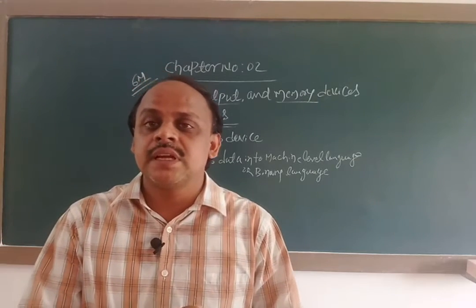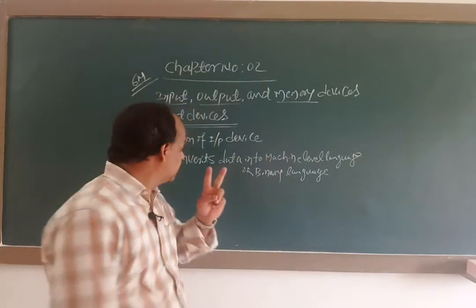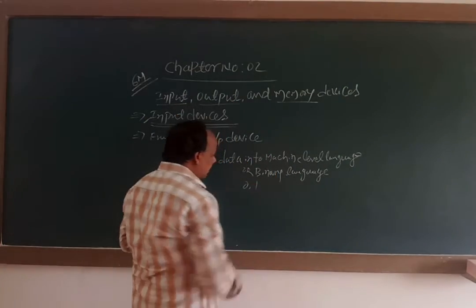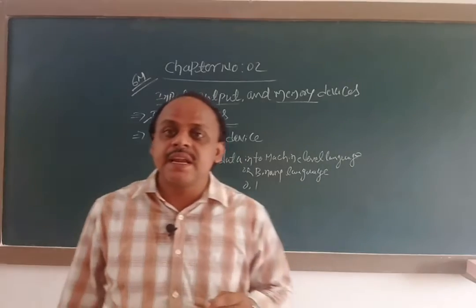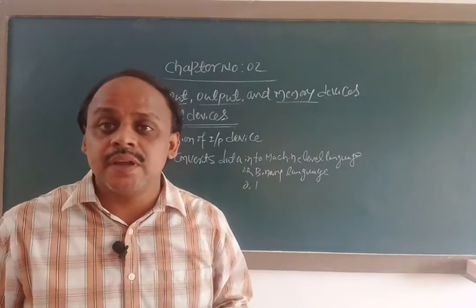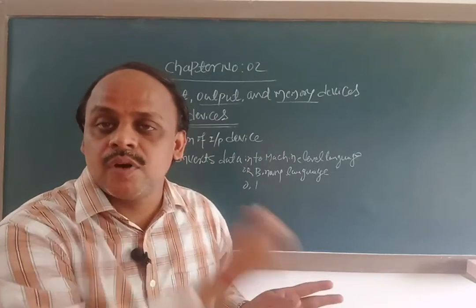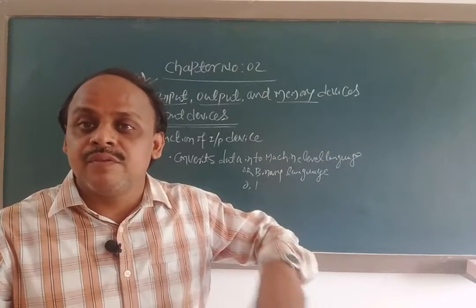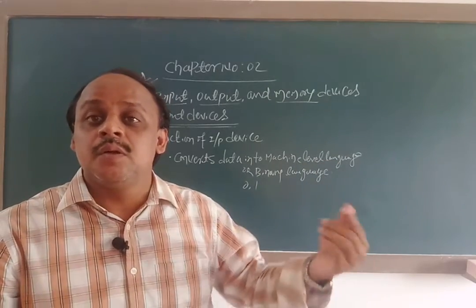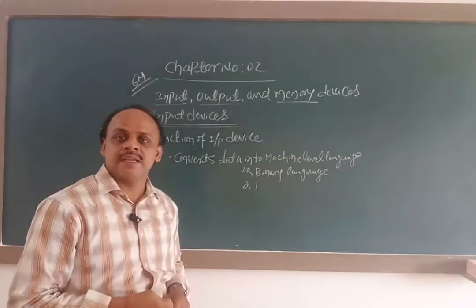Binary language means a language made up of only 2 digits, 0 and 1. Whatever we give must be converted into binary form, and that binary form is made by a device called the input device.